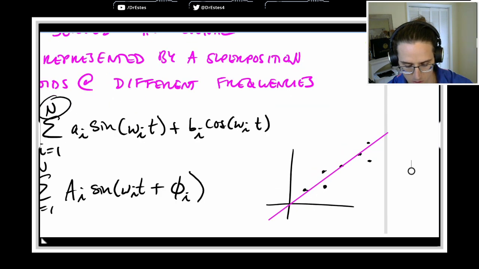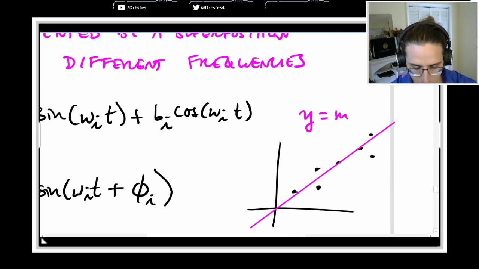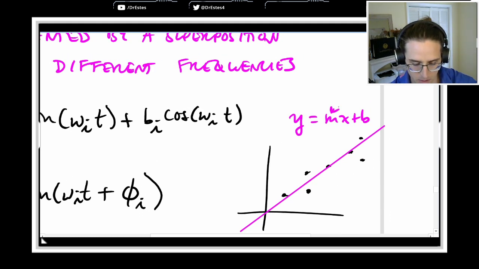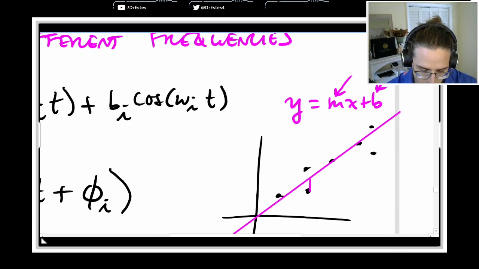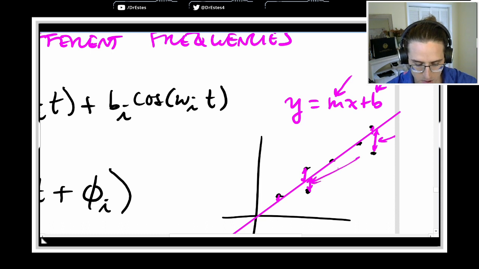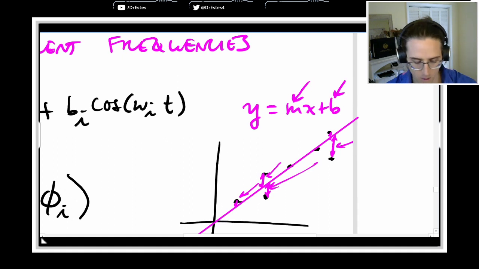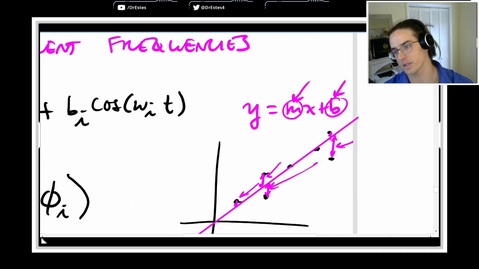Well, the line formula is y equals mx plus b. It tries to find m and b so that if you find the vertical distance between the line and every single point, and you add up the square of each of those distances, we find m and b so that the sum of those square differences is the smallest. So that's a least squares problem, right?